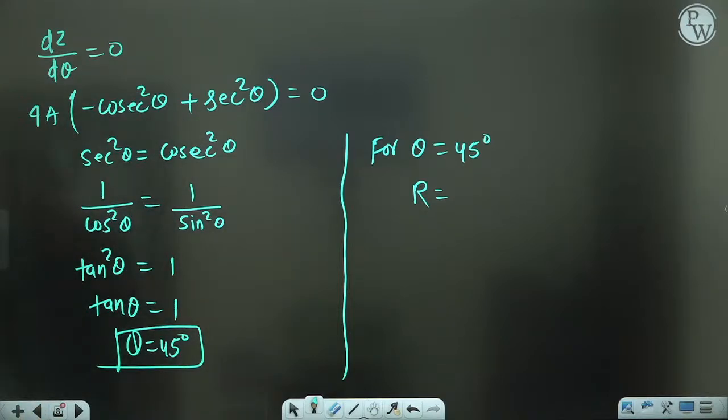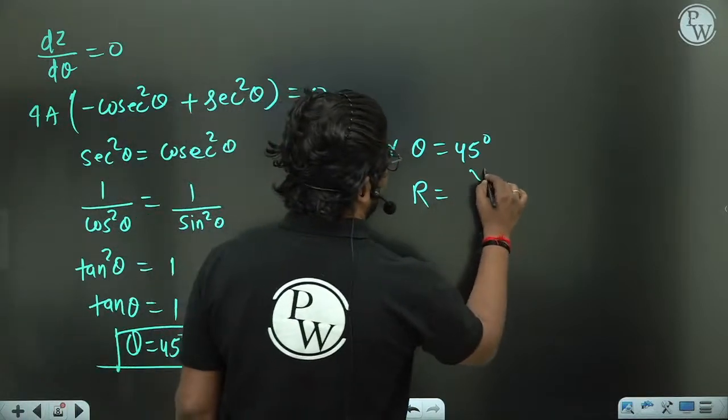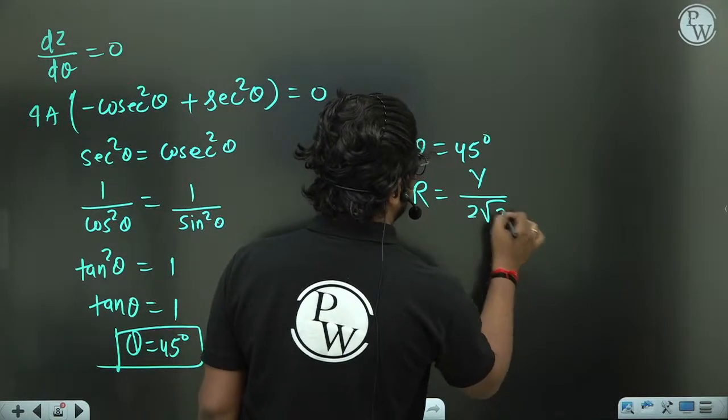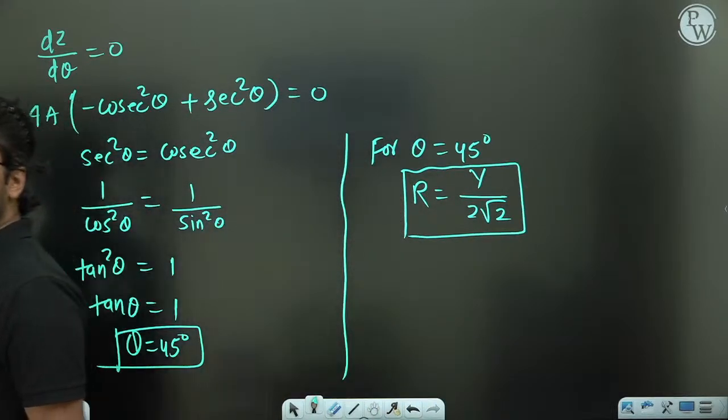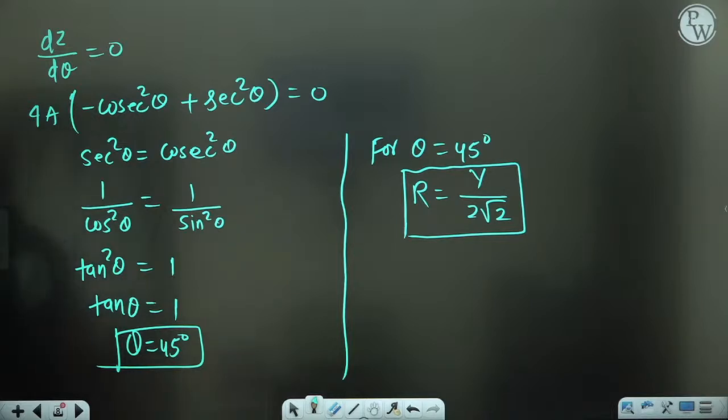Those who are watching and revising regularly can tell me. R value will be nothing but y upon 2 root 2. You guys can check your notes. I have discussed this part during channel geometry. Kindly note it down quickly.